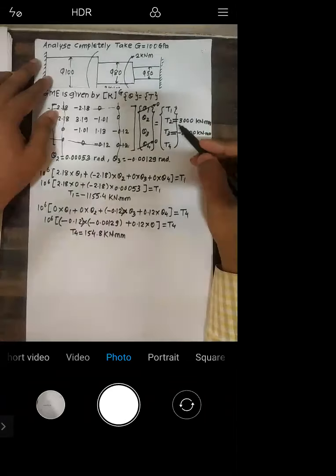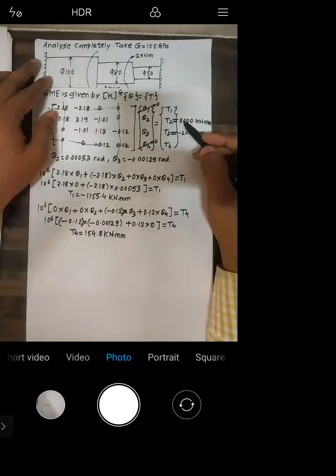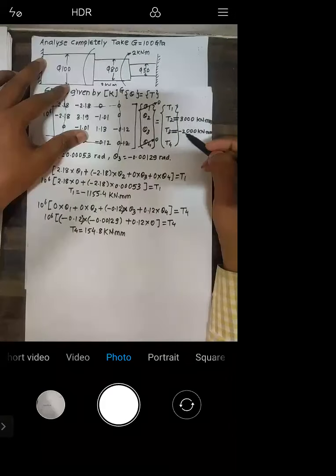Now see all of you here. What is the addition of these two, 3000 minus 2000? It is 1000. So in order to balance this 1000, the addition of T1 and T4 should be minus 1000. Getting my point?